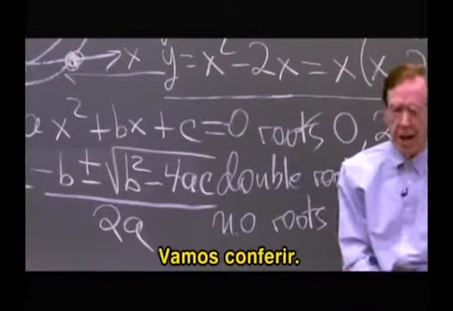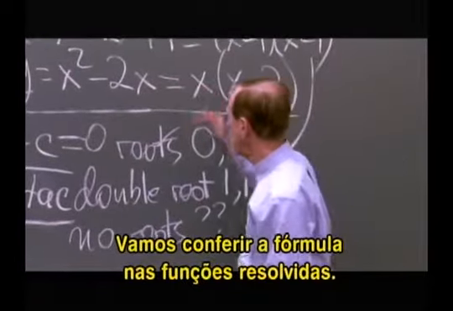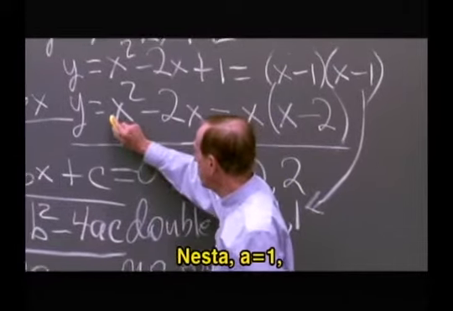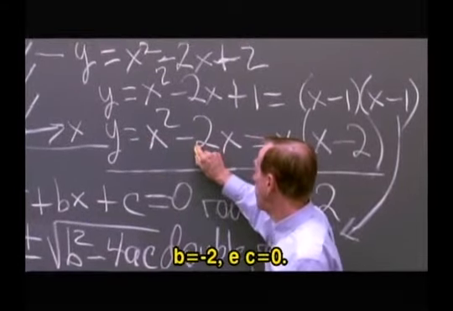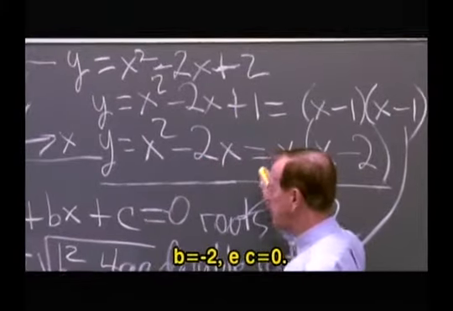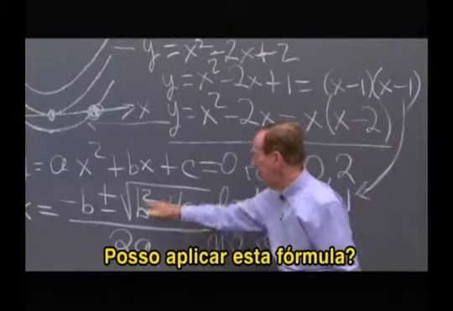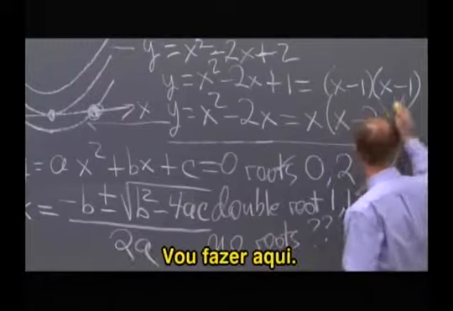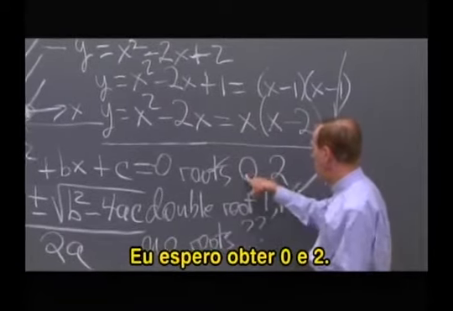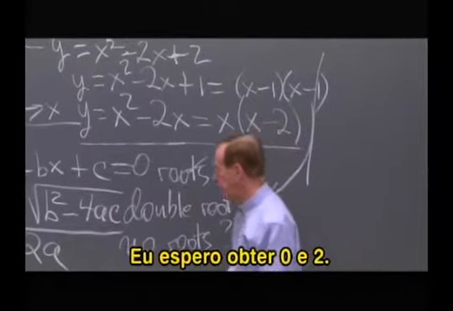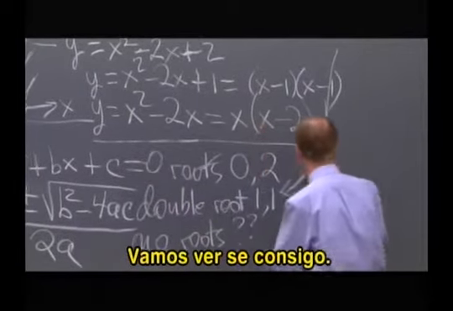Oh, well, let's just check it. Let's check it on the ones that worked. So this was the case when A was 1, B was minus 2, and C was 0, right? Can I try this formula? Maybe over here, where I'm hoping to get this answer 0 and 2. Let's just see if I do.